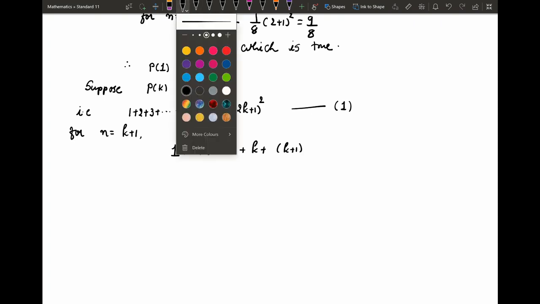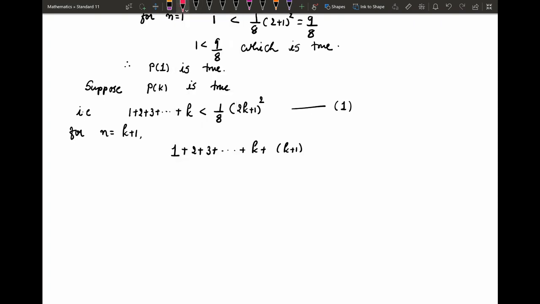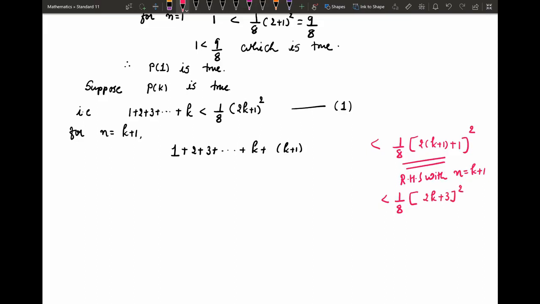Now to prove the result is true, this must be less than 1 by 8 into the bracket 2 into (k plus 1) plus 1 whole square. You observe this is the RHS with n equal to k plus 1, and further simplification, we have to show that it is less than this, which is (2k plus 3) whole square.